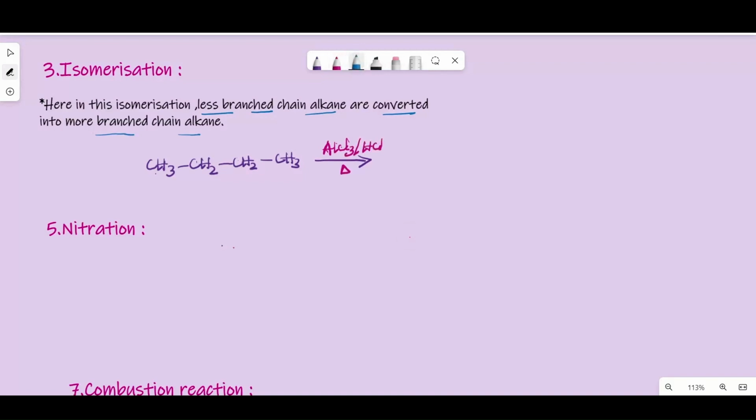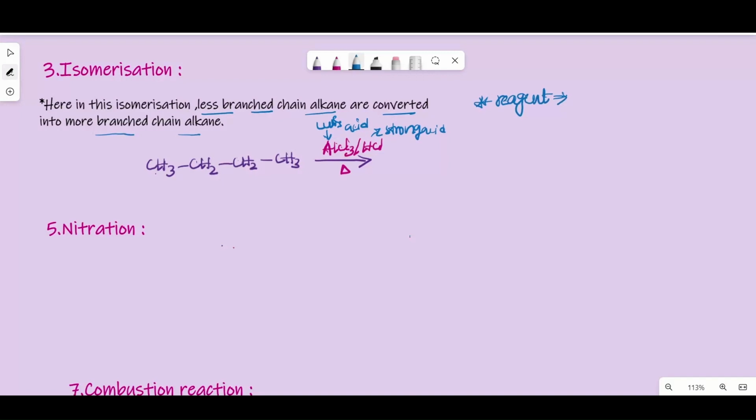Here AlCl3 is a Lewis acid, and you can remember it this way also. I'll write the reagent again. You should remember this reagent, or else you won't know which reaction it is, because it is an alkane.